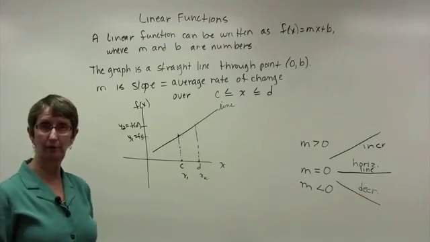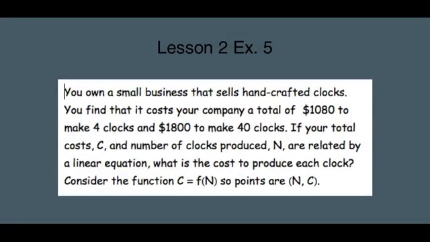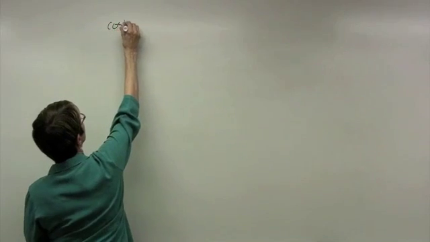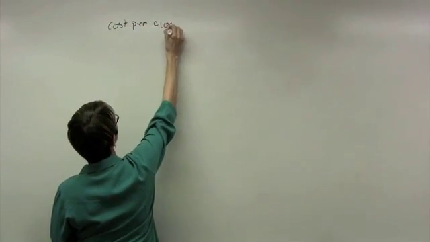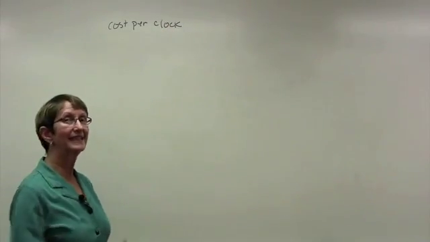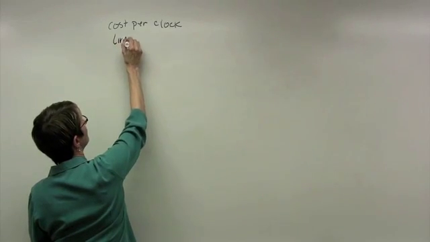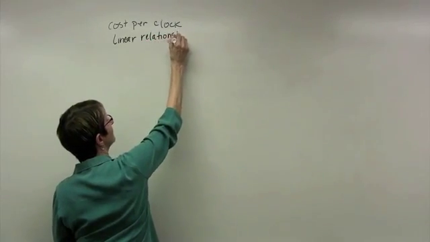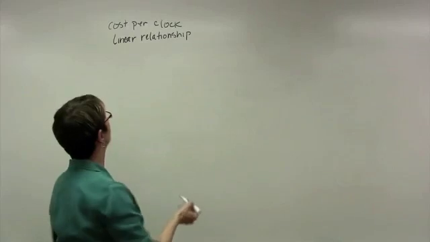Now let's look at an example. The question that we're asked to find in this application problem about clocks is what is the cost per clock? It also tells us that there is a linear relationship between the cost and the number of clocks produced.